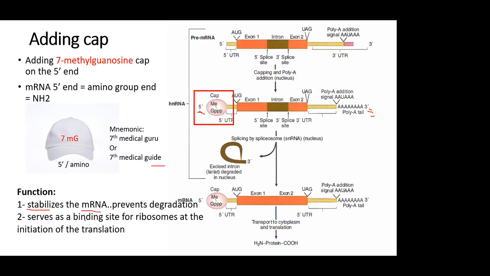It's also going to serve as a binding site. Remember, when the messenger RNA goes outside the nucleus to the ribosomes in order to be translated, this is the binding site to start the process of translation into a protein. So we're done with the cap.